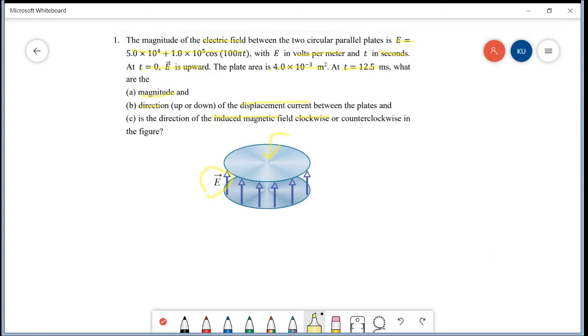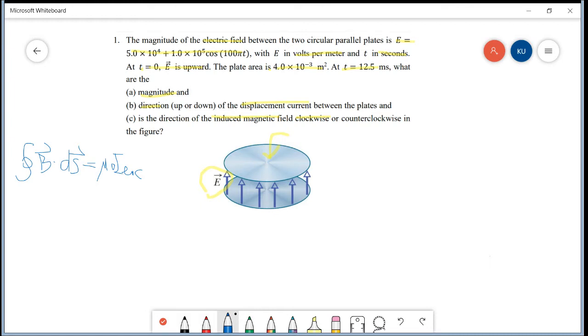In chapter 29 we know that Ampere's law is the circular integration of the magnetic field over a contour, which equals mu 0 I enclosed, the current enclosed by the path.